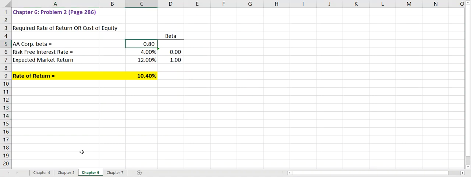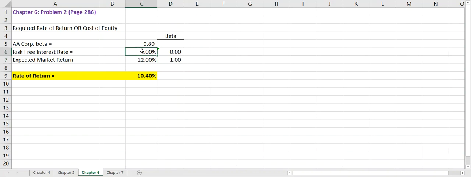In this case, the risk of the AA corporation is 0.8, that's their beta. The risk-free rate in the market, which is the risk for zero beta, is 4%, and the expected market return, which is the stock market, which has an average beta of 1.0, in this case the rate of return is 12%. Every day in the real world, these rates change.